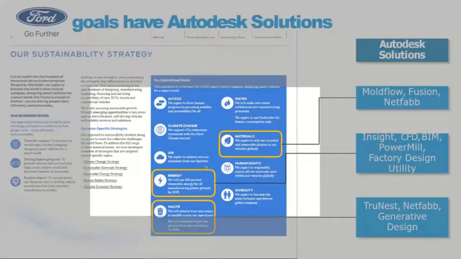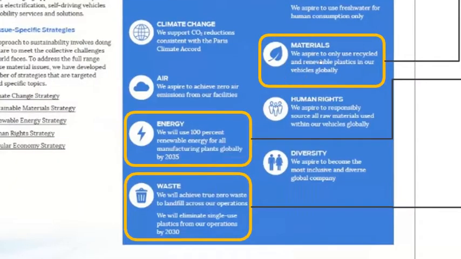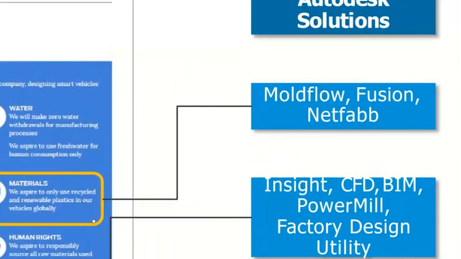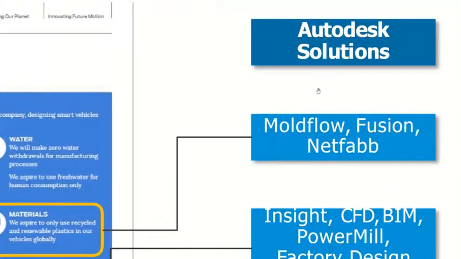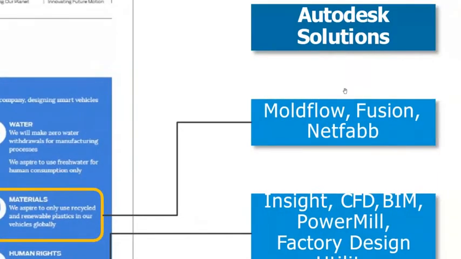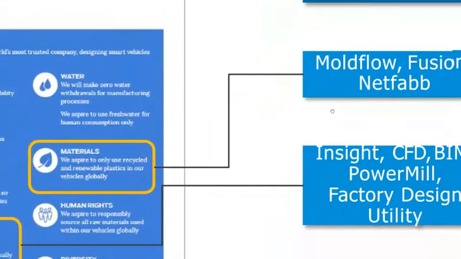One of their goals regarding materials: we aspire to only use recycled and renewable plastics in our vehicles globally. So Autodesk has solutions for this using our software. Some of the manufacturing companies are already using Moldflow for die and mold simulation, Fusion 360 with the power of generative design, and Netfabb for 3D printing.